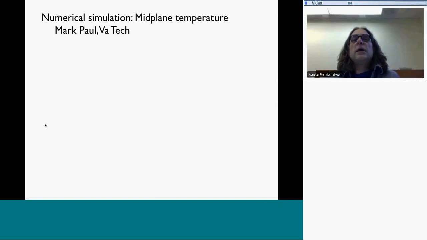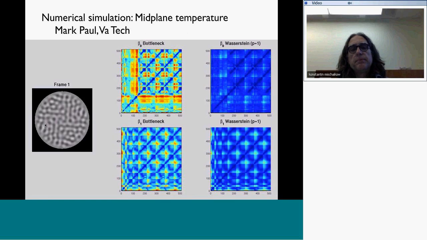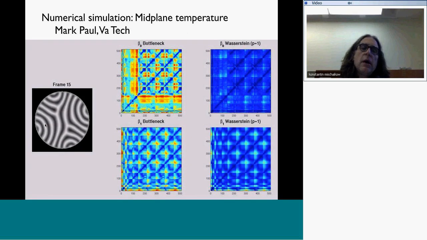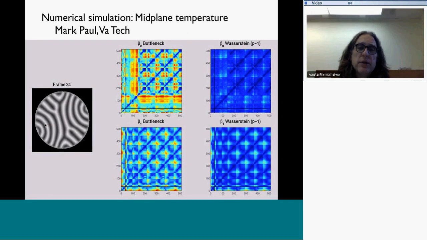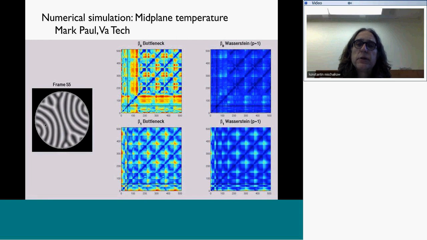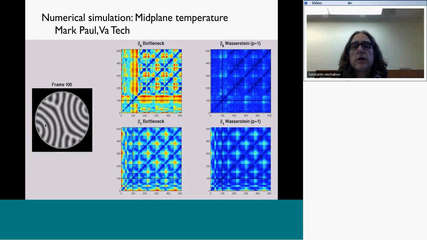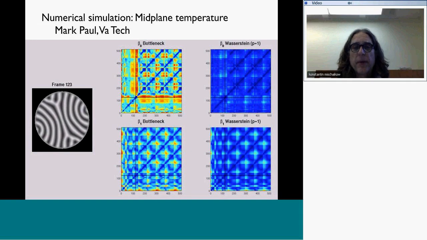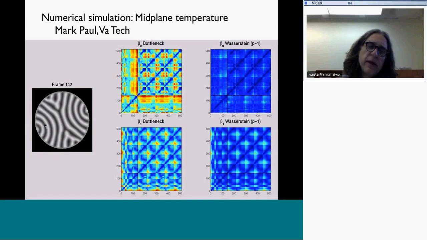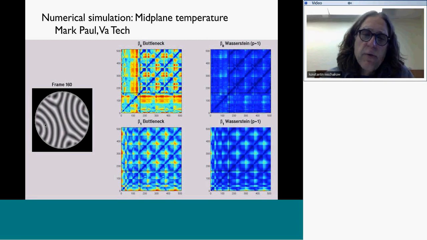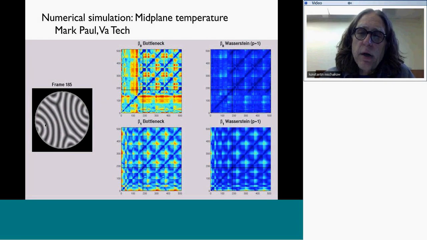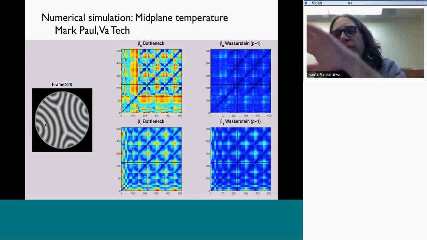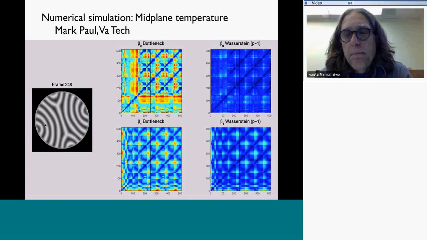Now looking at simulations, this is from Mark Paul's mid-plane temperature. On the left, you see what the simulation tells us, and on the right, you see the distances between the persistence diagrams for the entire frame. Looking down at the one bottleneck on the left, you see these striped patterns moving off to the right.